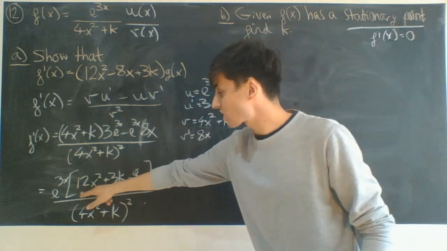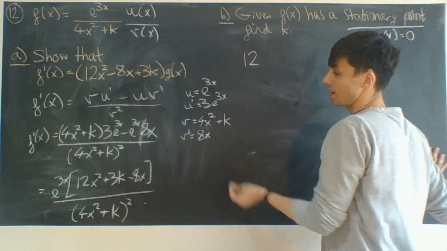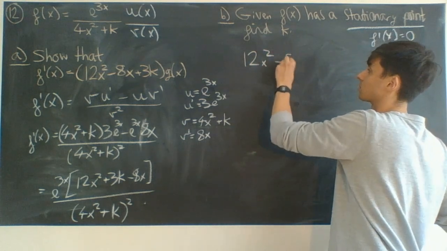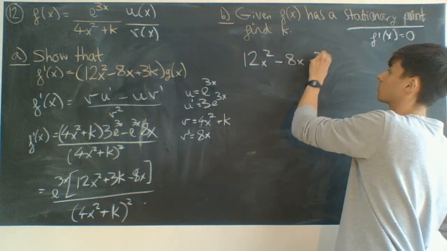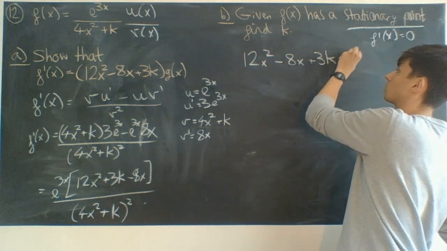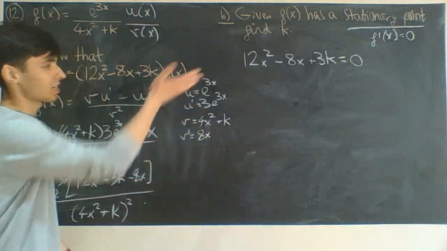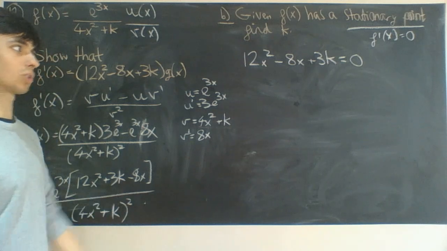This question is actually just asking us to solve 12x squared minus 8x plus 3k equals 0. We're interested in when this thing is going to give us a solution.